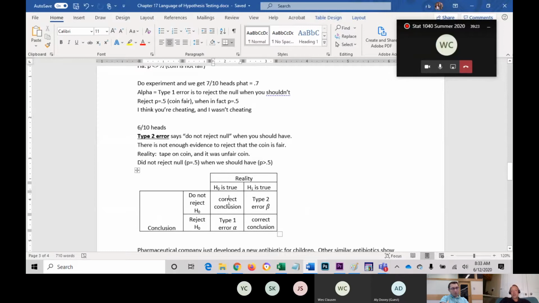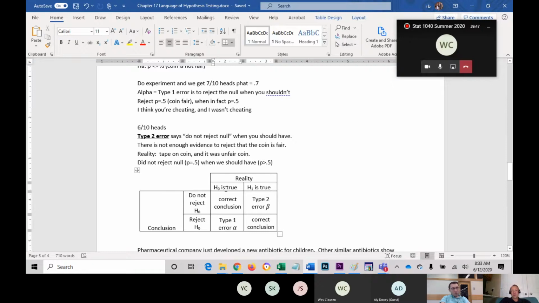You said the null is true and it was true, or you say the alternative is true and it was. Okay? And so those are both correct conclusions. The two mistakes you could make are you say the coin is fair, the null is true, but it wasn't fair.